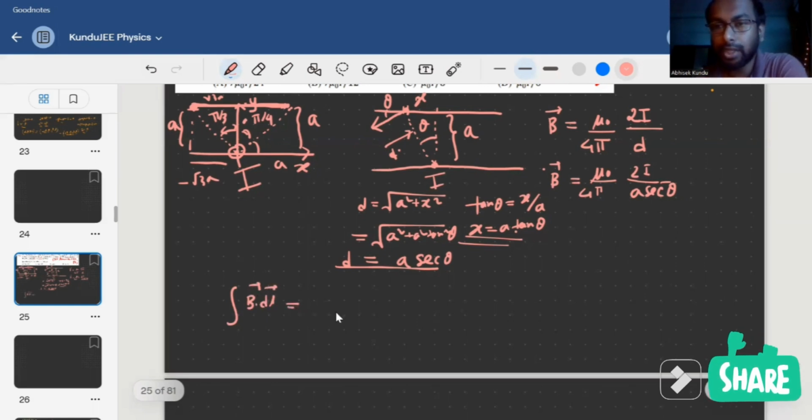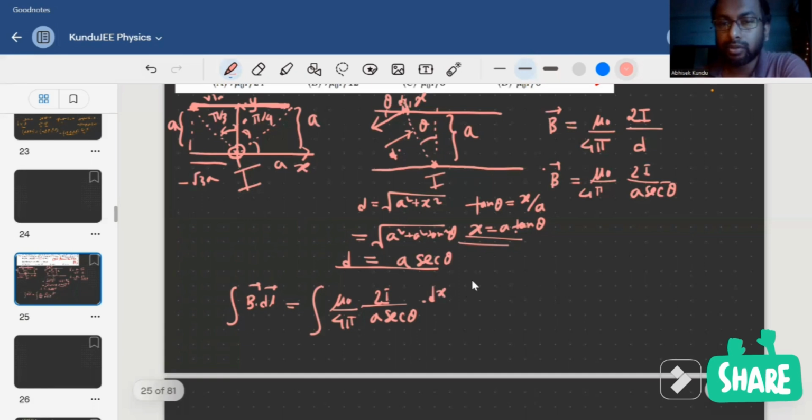At arbitrary point theta, we have found the value of B, so we'll put that: 2I by a sec theta. And dl is, of course, dx only. We'll put dx here, integration. x is a tan theta, so you can substitute the value of dx.